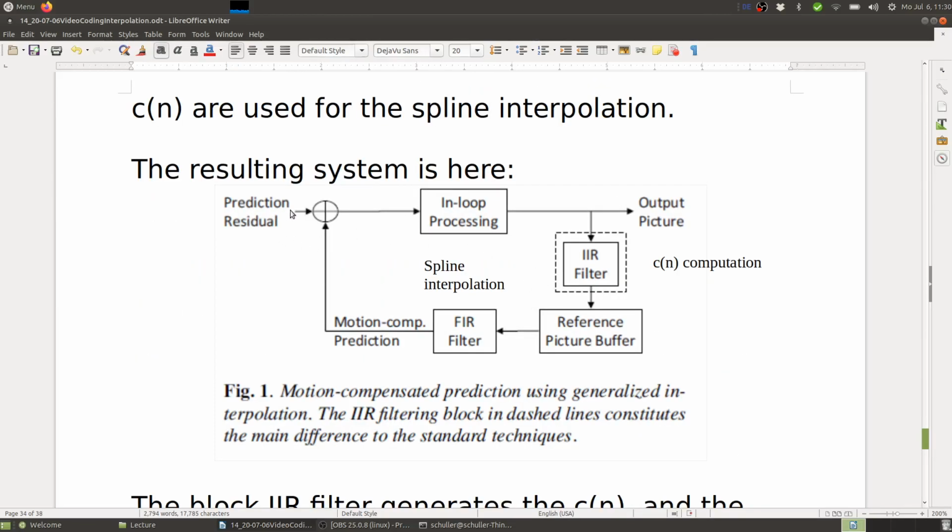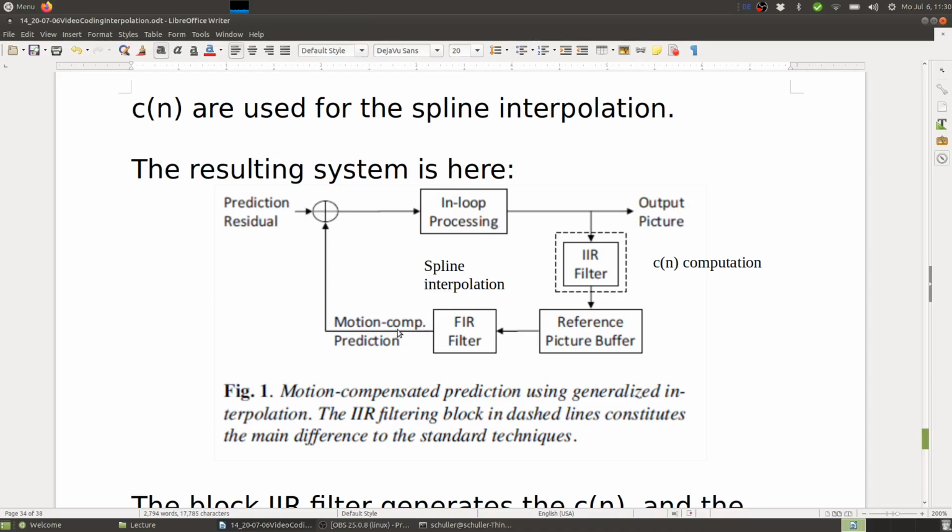Starting on the left with the prediction residual, here we have some in-loop processing, here we have the output picture, here we have our IIR filter, which is doing the C of n computation, the compensated image. This then lands in the reference picture buffer, and this is output to the FIR filter, which is now doing the spline interpolation.